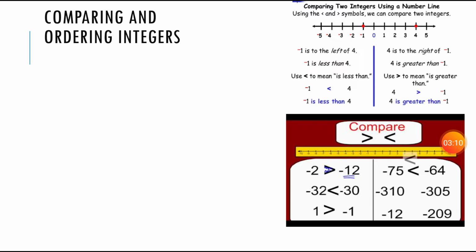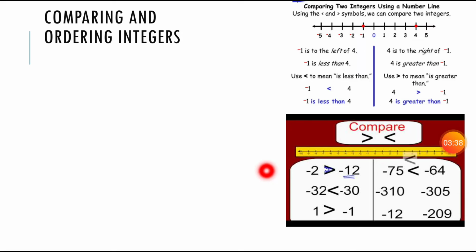Now there are some other numbers which can be compared in a similar manner. Let's look at the example of -2 and -12. Now, what do you think? It's given that -2 is greater than -12. If we look at the number line given above, -2 is nearer to 0 as compared to -12.